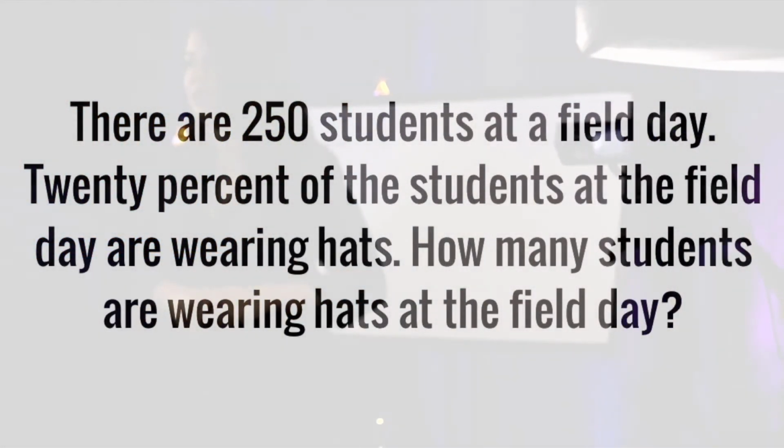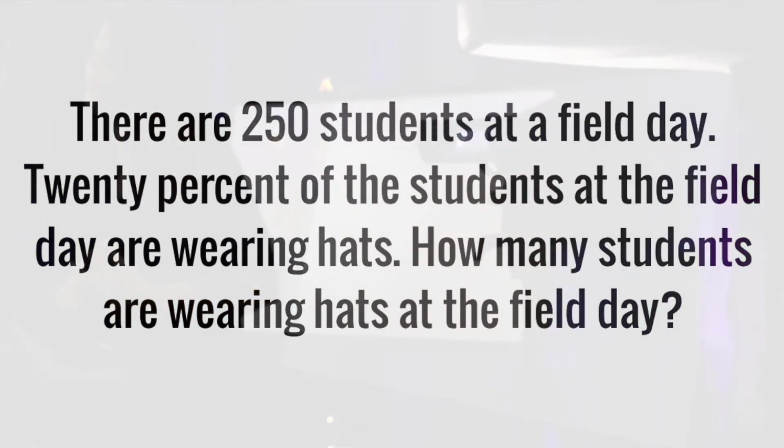Let's take a look at how to break down this problem. First, let's identify what kind of question it is. How many students are wearing hats at the field day? That's what it's asking us for. The givens are that there are 250 students and that 20% of those students are wearing hats. So that means that we have to find the part. We want to find the number of students that are wearing hats at the field day.